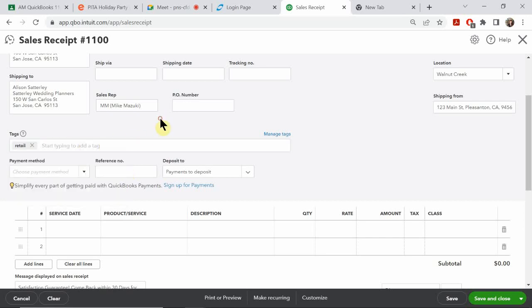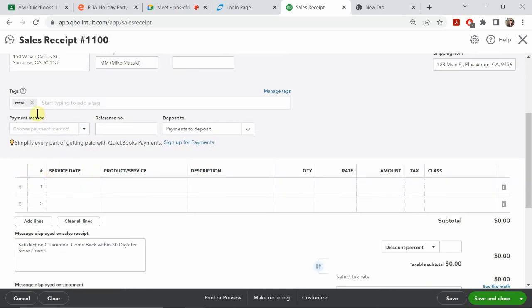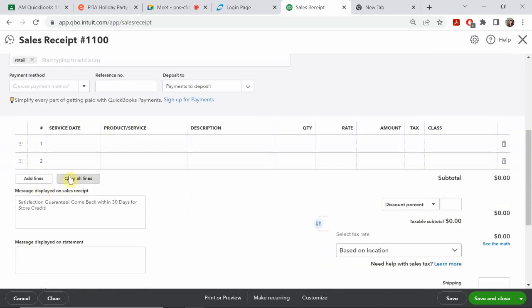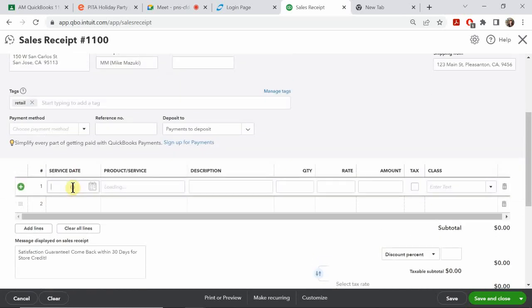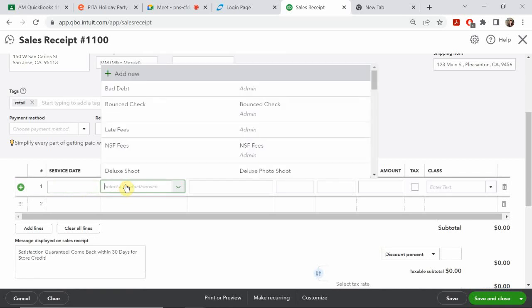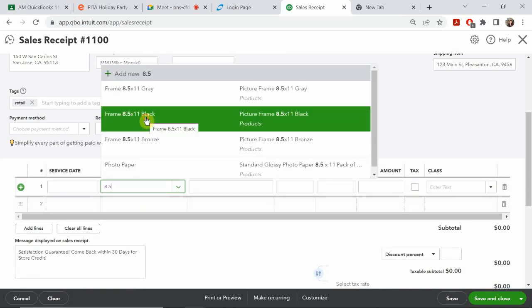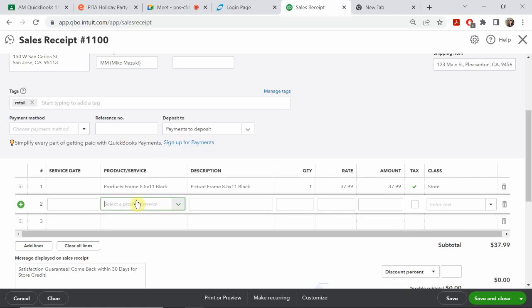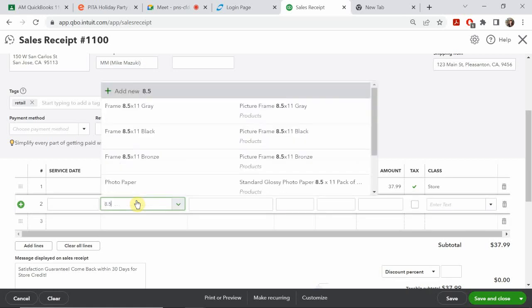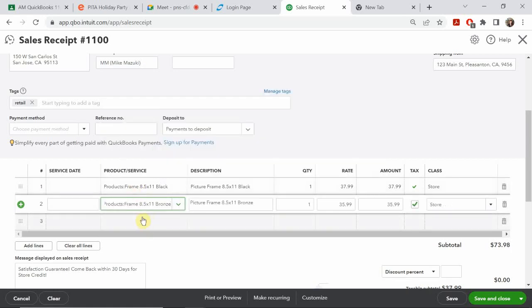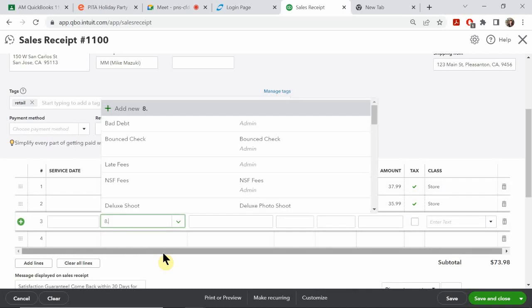And then, of course, we're going to go ahead and list out all the items that we sold. Okay? Starting with the first one, we sold the black picture frames, the bronze picture frames, and we sold the gray picture frames.